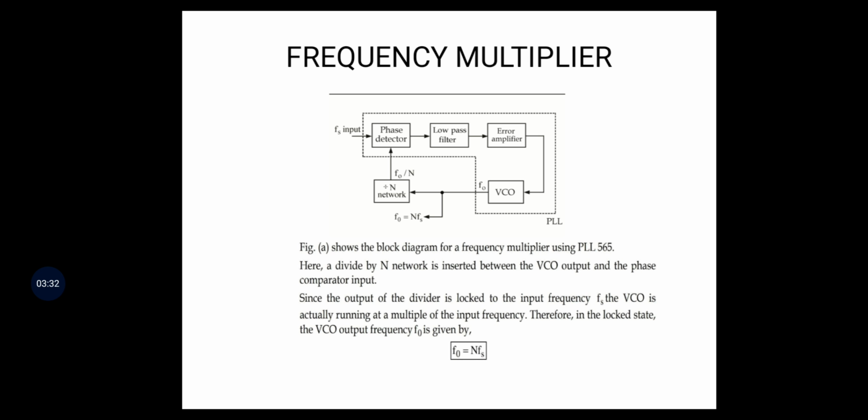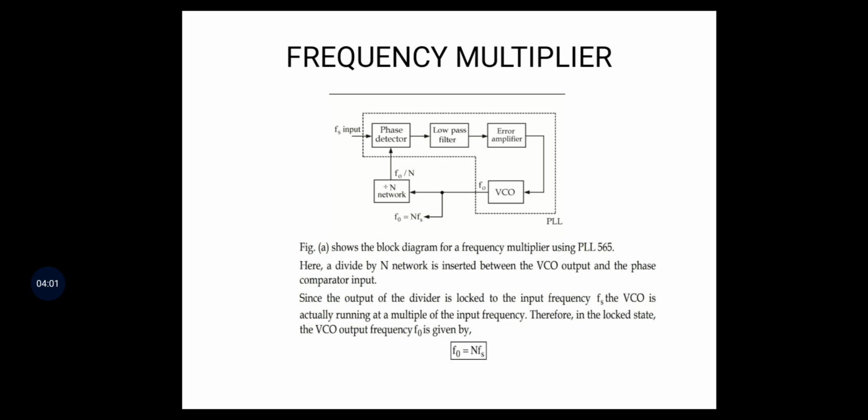Therefore, in the lock state, the voltage control oscillator output frequency F0 is given by F0 equal to N into Fs. Here Fs is the input signal frequency. It is multiplied by N times. Then we take the output from the voltage control oscillator output. Here N is called the multiplier.